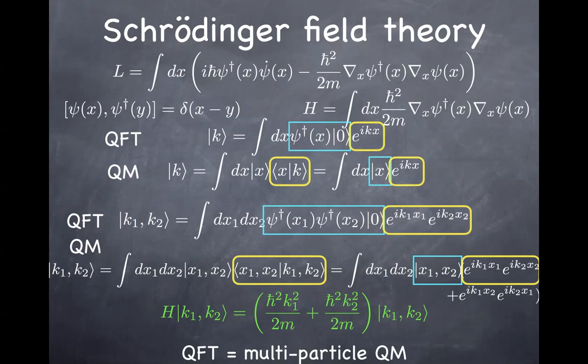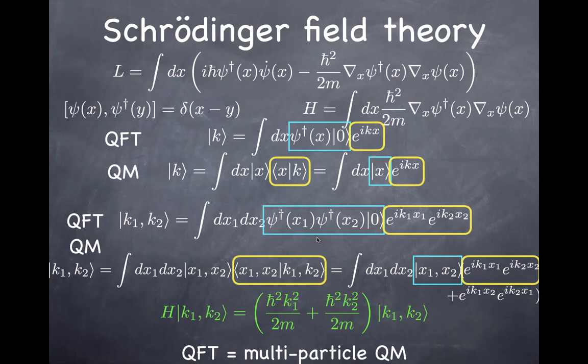In QFT, you can, because the states with different number of particles are contained in this same huge Fock space, that's the Hilbert space of QFT, and you have these operators, psi, psi dagger, that can change the number of particles up and down. So all of these states with different number of particles are contained in the same Hilbert space. So that's one big difference. And that, in the end, would allow us to talk about processes where the number of particles can change, like emission of photon, absorption of photon.